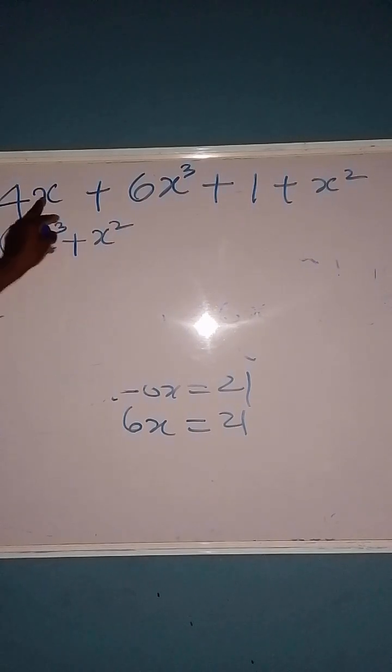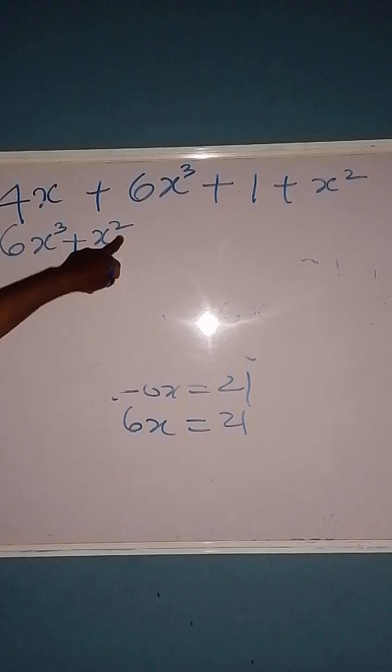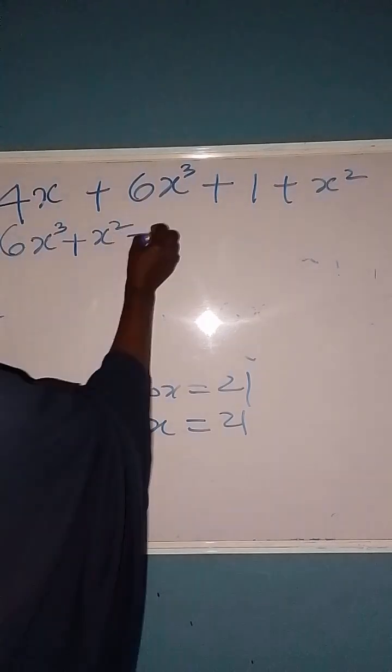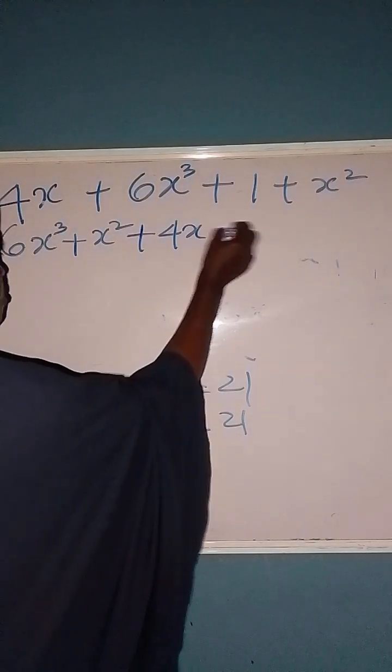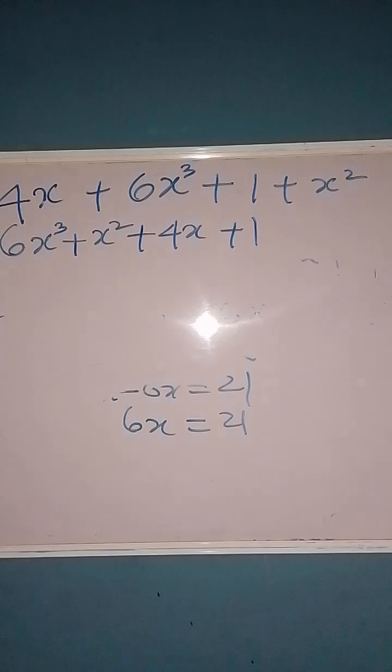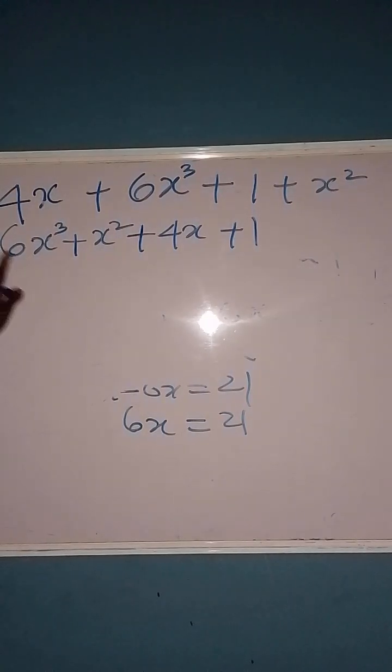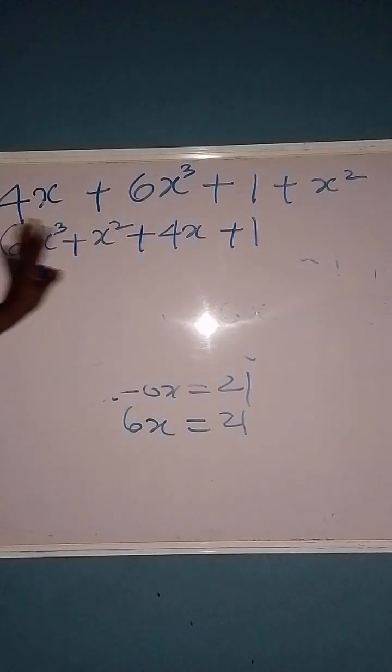Then the next one is the one with the lesser power, 4x, then plus 1. That's how to arrange it. You start with the one with the highest power down to the one with the lowest power.